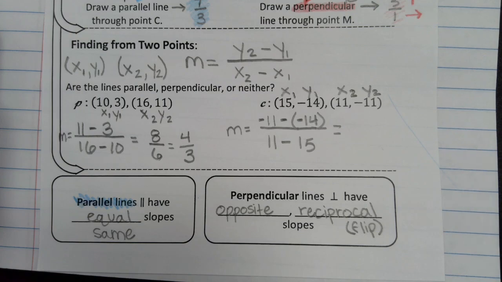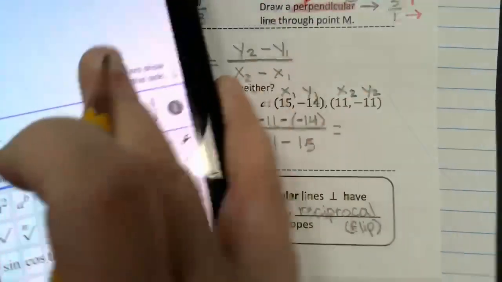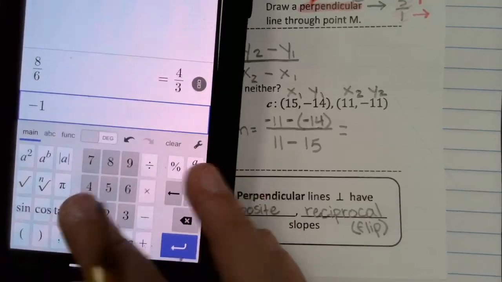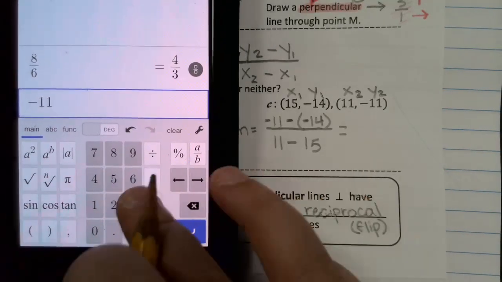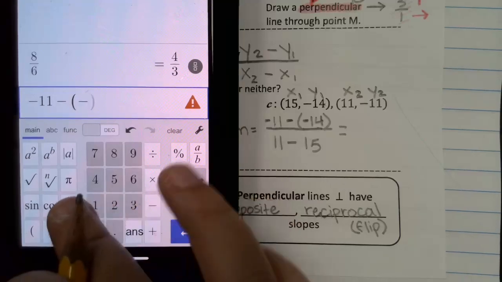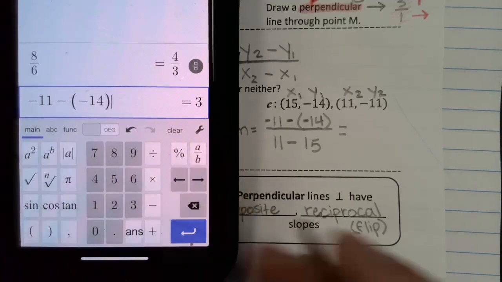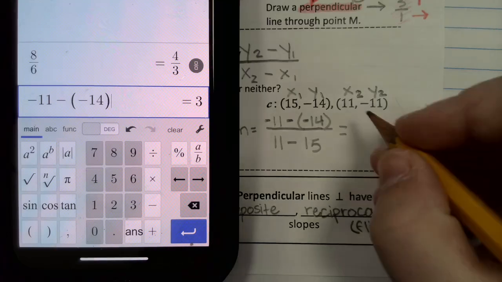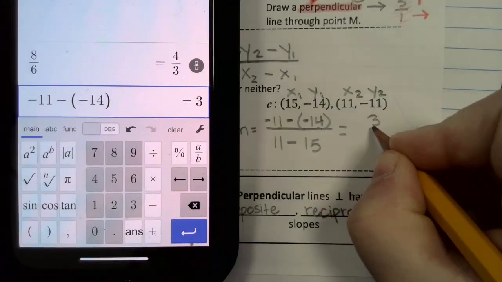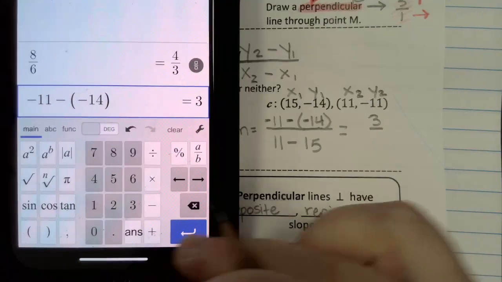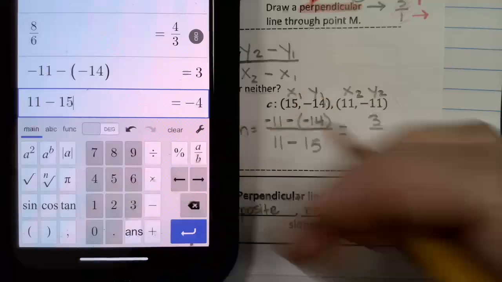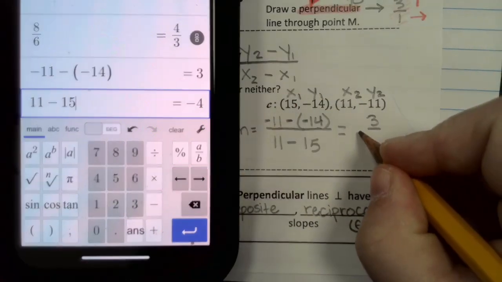Yeah, exactly. All right, negative 11 minus negative 14. Again, it's okay to use a calculator. If you're using your phone calculator, you have to be really careful with those negatives and make sure you're using the right negatives versus what a minus is. Negative 11 minus negative 14, we get a positive 3. 11 minus 15, we get negative 4.